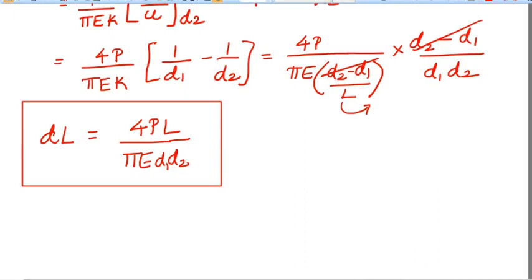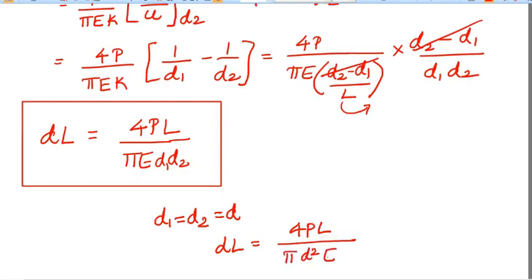If both the diameters D1 and D2 are the same, equal to d, then the total change in length is equal to 4PL divided by pi d square into E. This is the formula for change in length for a cylindrical rod.